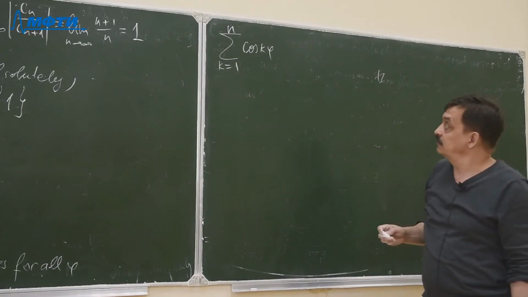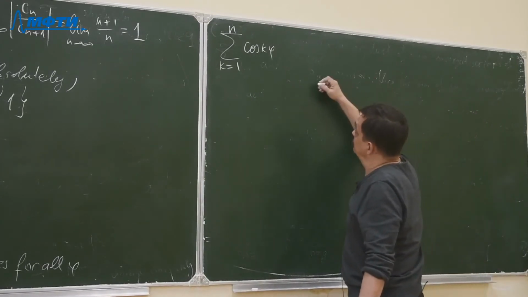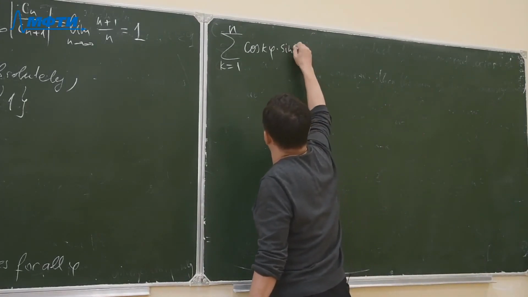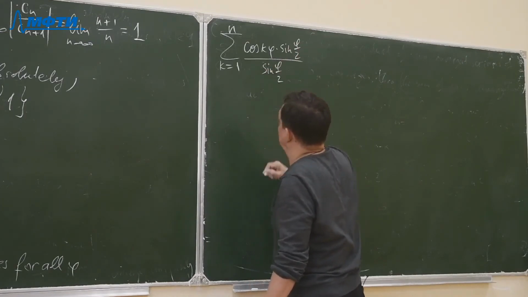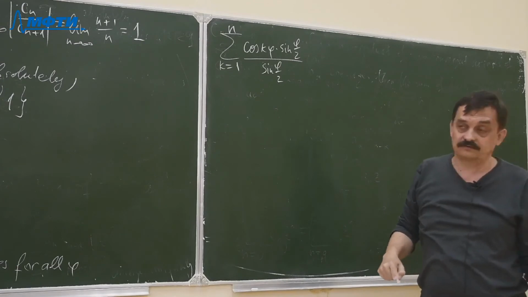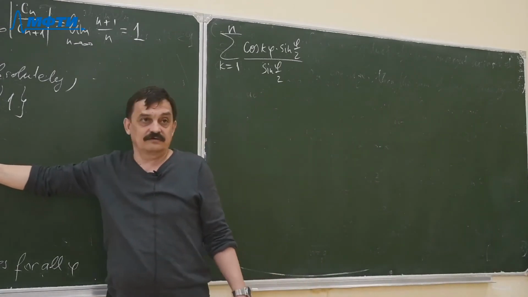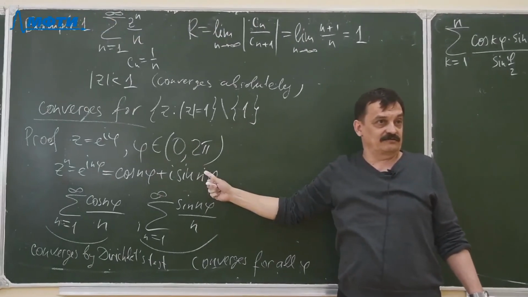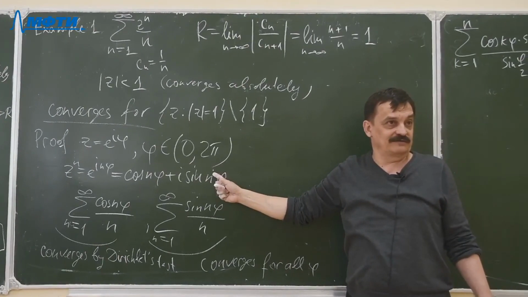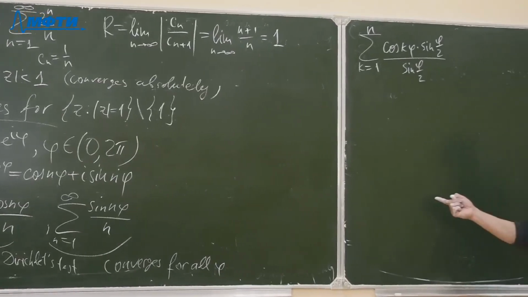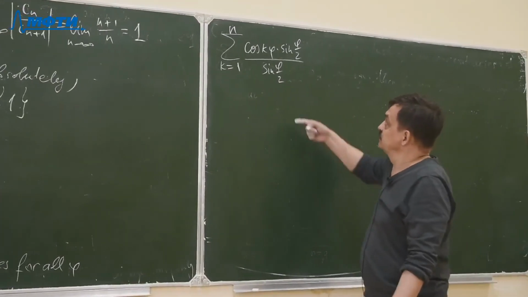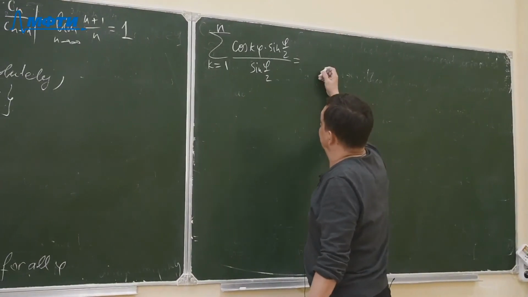Let me multiply by sine phi over 2 and divide by sine phi over 2. Why can we do it? Because phi is not equal to 0 or 2 pi, right? Then phi over 2 is between 0 and pi, so sine phi over 2 is never 0. So we can do this.